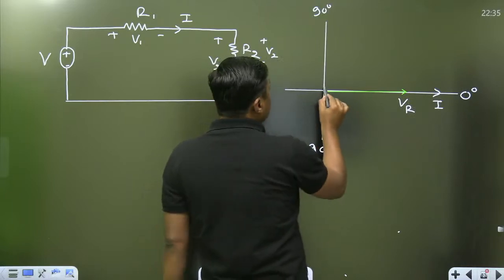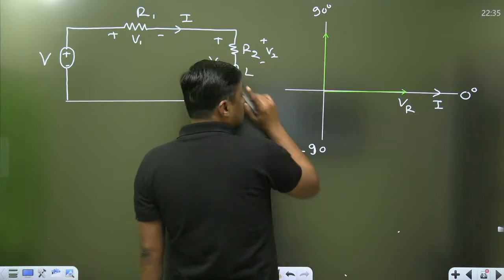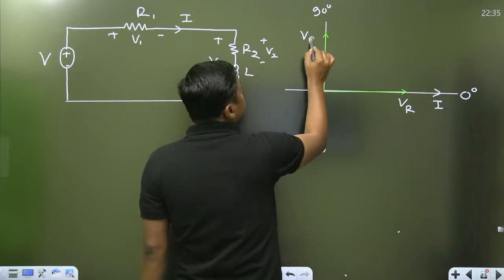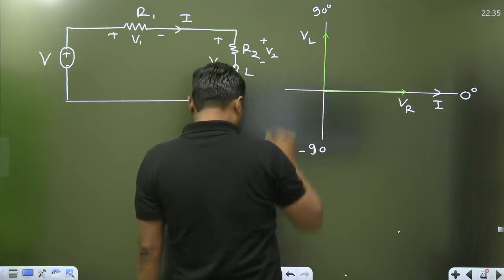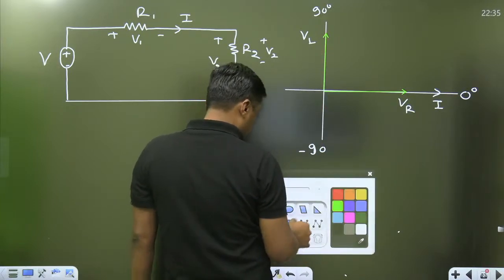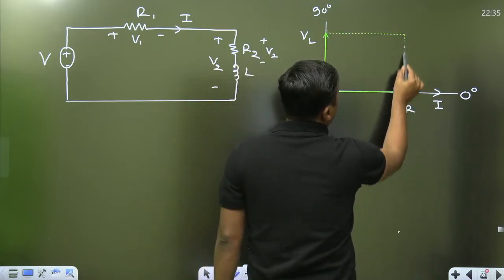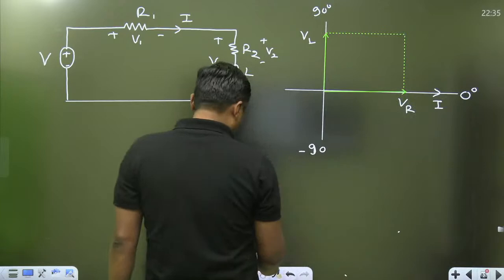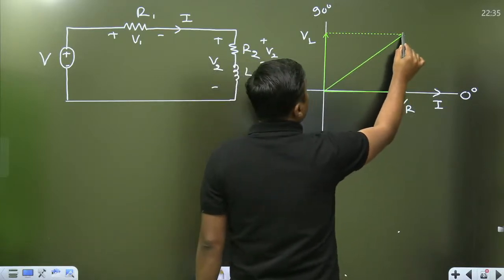Now, this is the voltage across the inductor. That is the resultant of this. This is called what? V. That value is given to you.